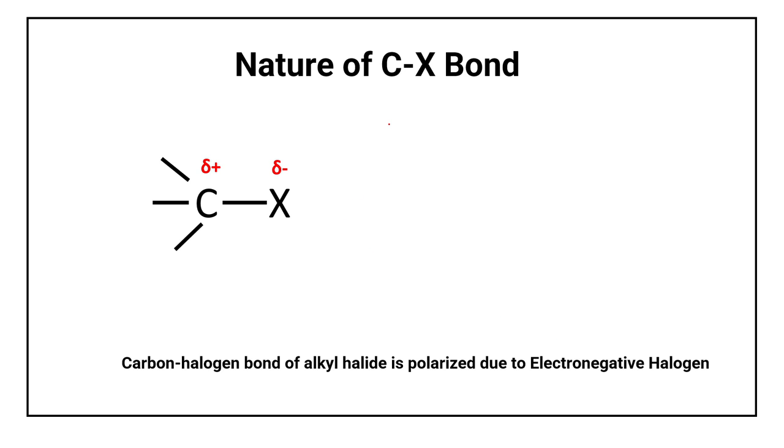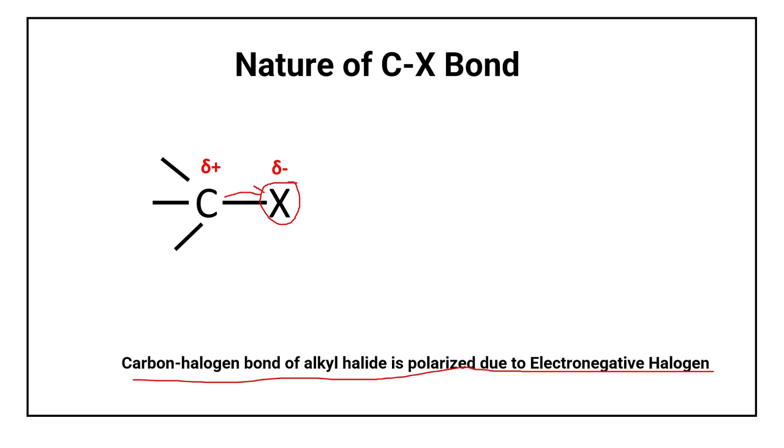Coming to the nature of the carbon-halogen bond, the carbon-halogen bond of an alkyl halide is polarized due to the electronegative halogen. The halogen connected to the carbon in haloalkanes or alkyl halides is electronegative, and due to its electronegativity, it pulls the electron density from the carbon towards itself.